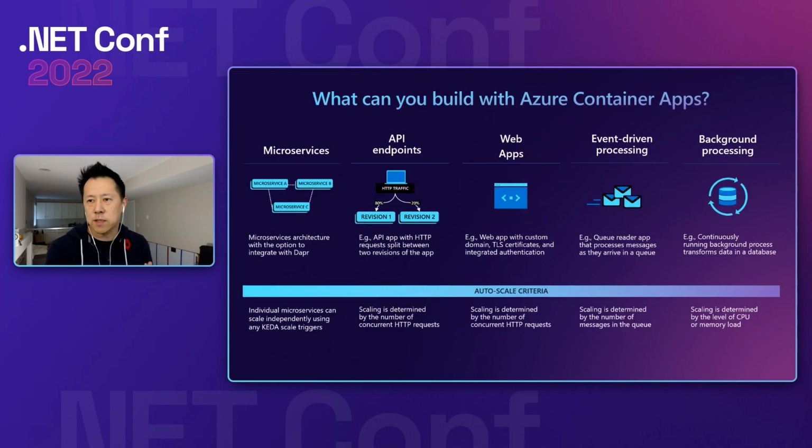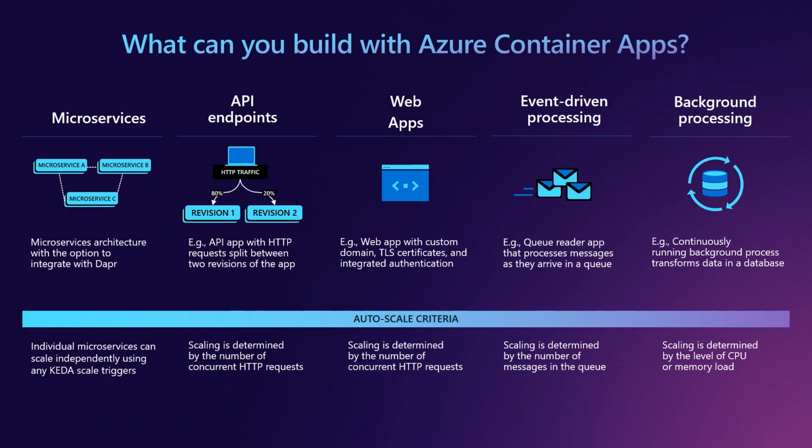All right, so let's look at what kind of stuff you can build with container apps. We already talked about microservices, and that's just a bunch of services that are running that can communicate with each other either synchronously using things like HTTP or TCP or gRPC, or they could communicate asynchronously through something like a queue. And all of these things can scale based on the events that they're processing. That's pretty cool.